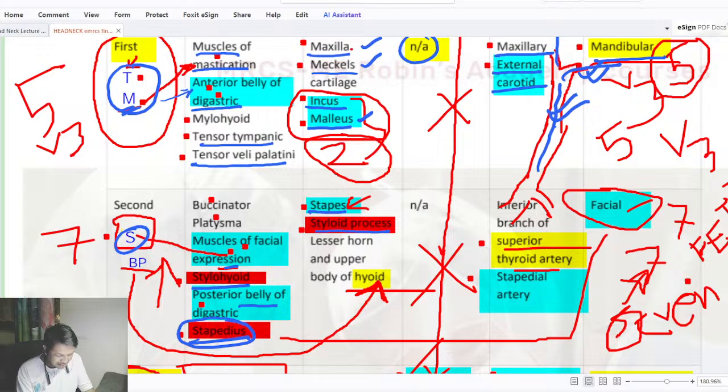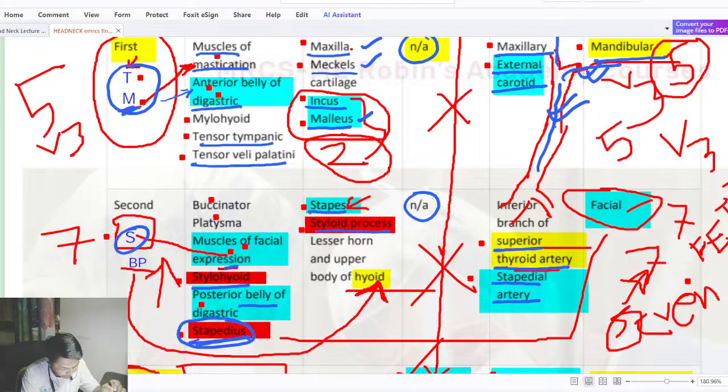There is no endocrine. Vascular: the stapedial artery, S for stapedius, and the superior thyroid artery, S again.